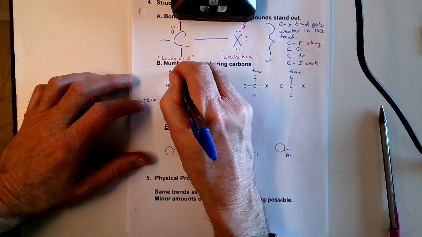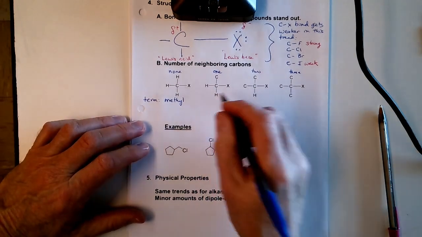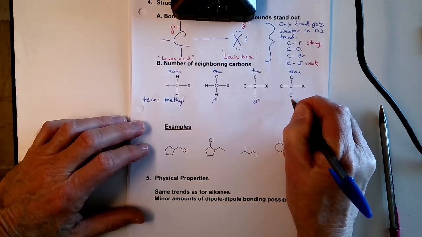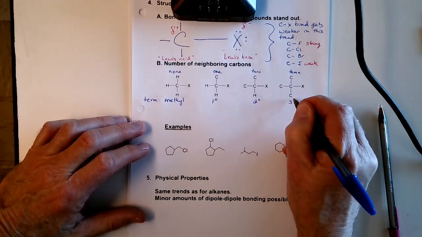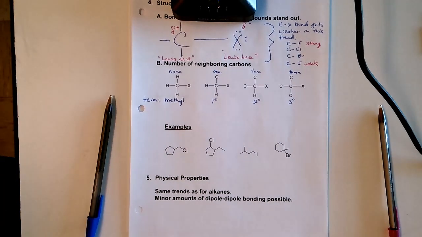I guess you could say for methyl, there are none. How many neighboring carbons do you have? This environment is called primary, on up to secondary, and finishing with tertiary. That's what you talk about if you're describing the carbon itself.